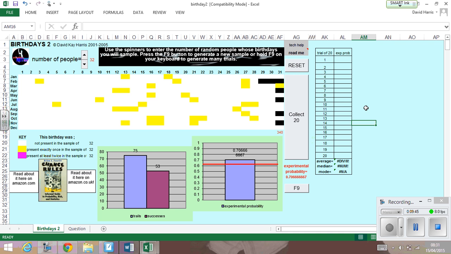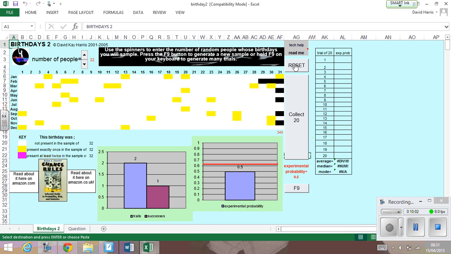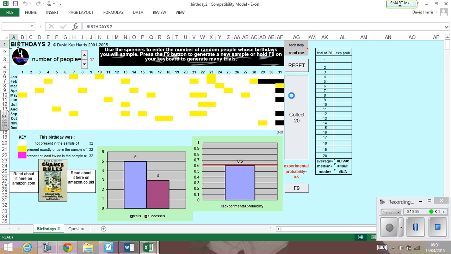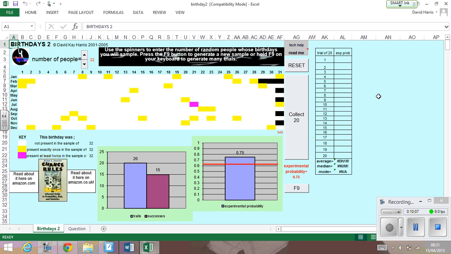It's known as the pigeonhole principle. And basically, to cut a long story short, if we had 32 people invited to a party, if I reset this. Oh yeah, it works.